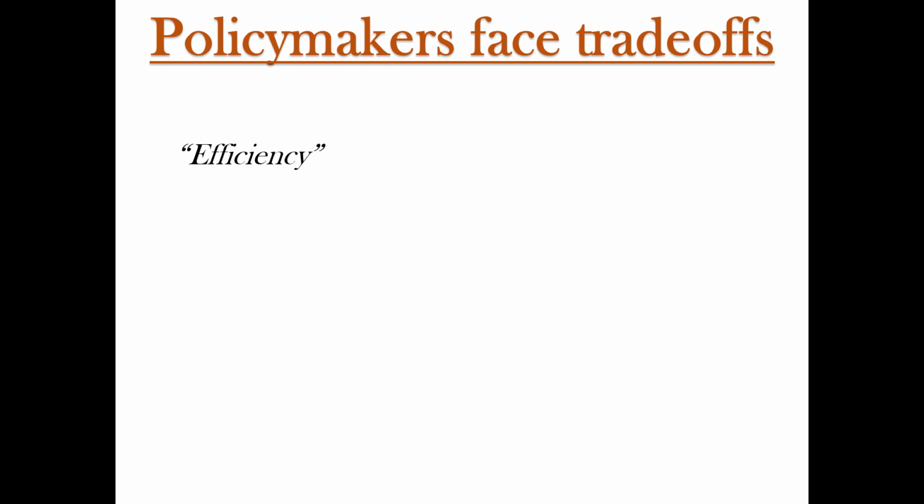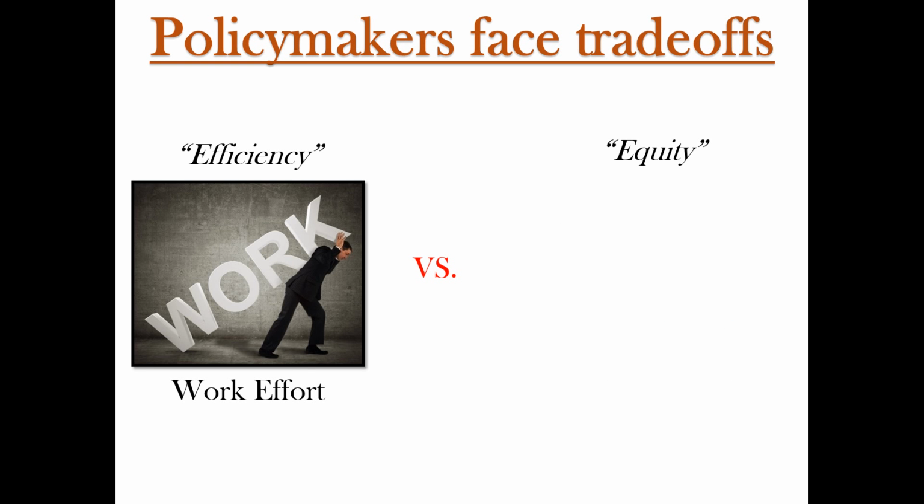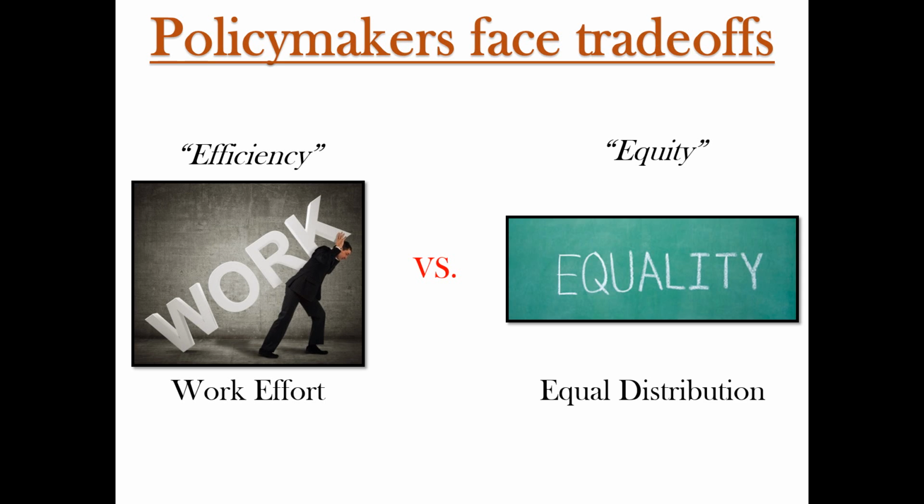Another famous trade-off that policymakers face is the efficiency versus equity trade-off, right? Efficiency meaning getting the most out of our resources, working hard and producing a lot, versus equity, which has more to do with equal distribution. We'll look at this trade-off a lot more as the semester progresses, but typically, not always, these two things are trade-offs.